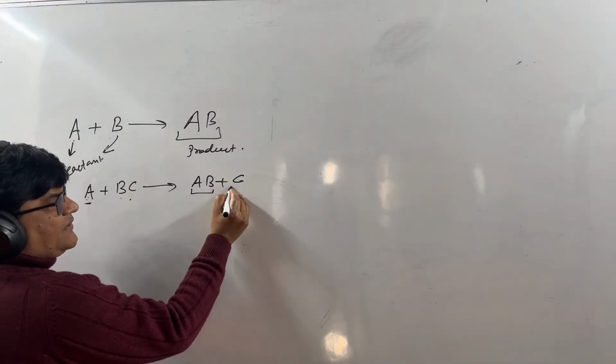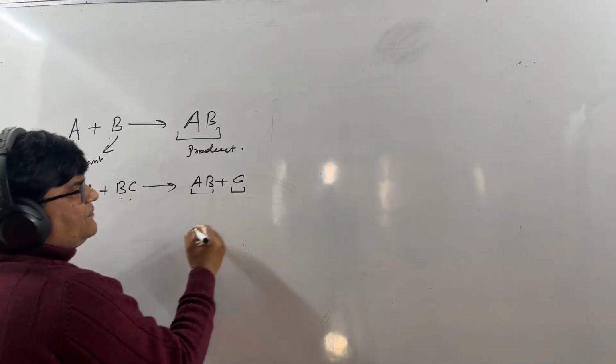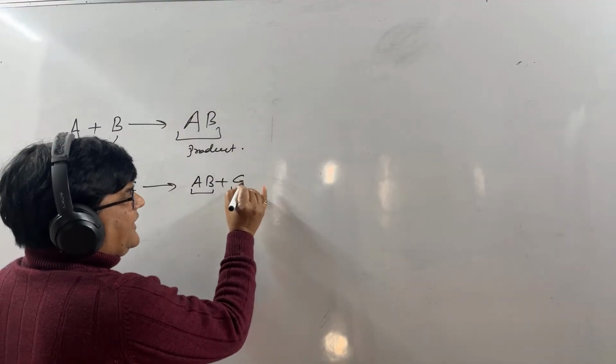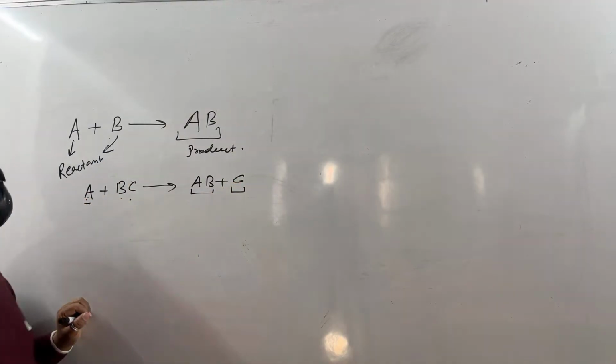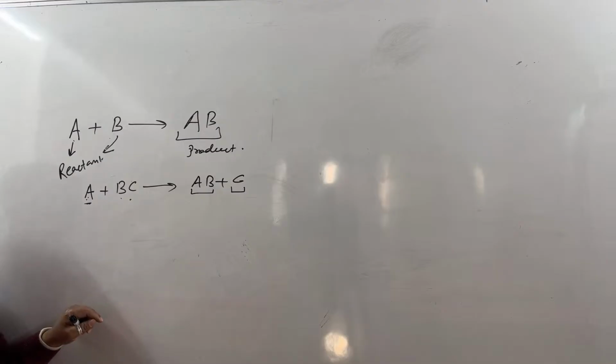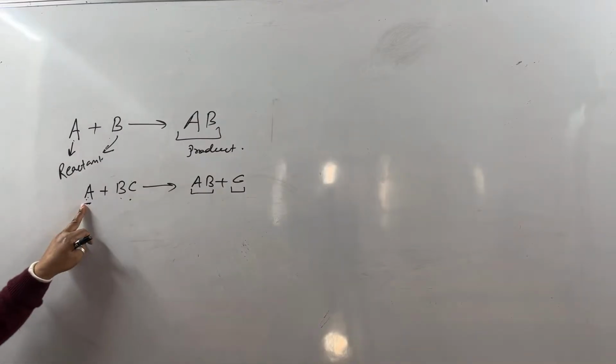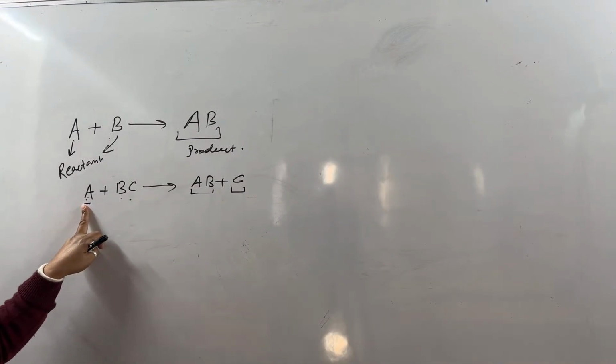So in such a case, this C is called the less reactive element, and A is called the more reactive element. Why is it so?